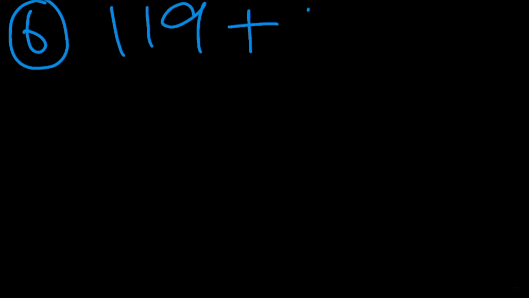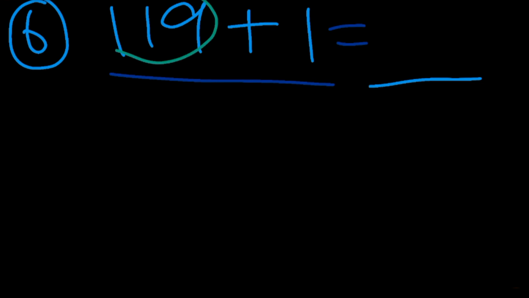Now let me give you another one. What is 119 plus 1? According to the property that we have learned, the answer is simply going to be the successor of 119.